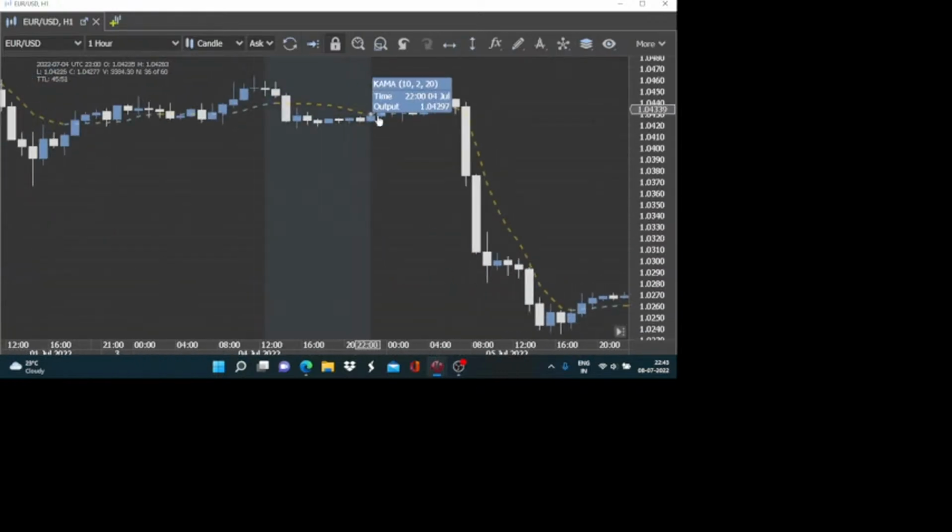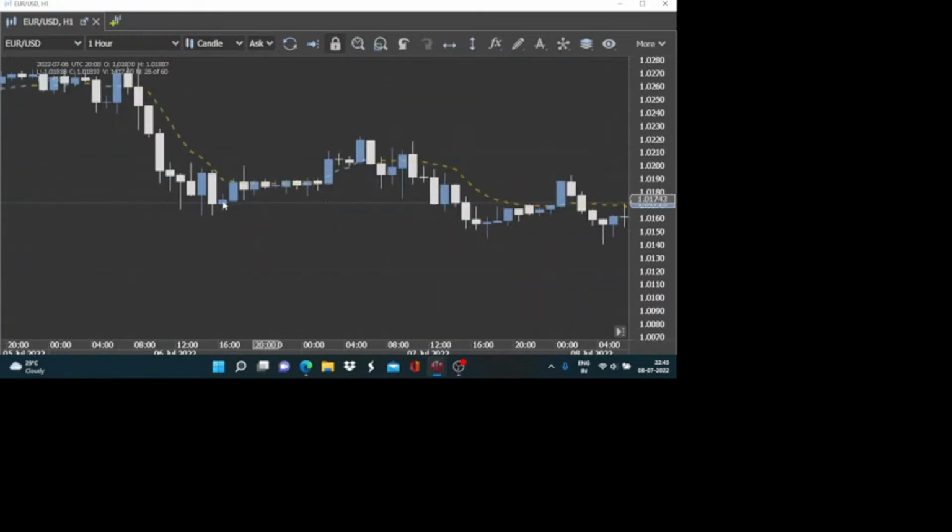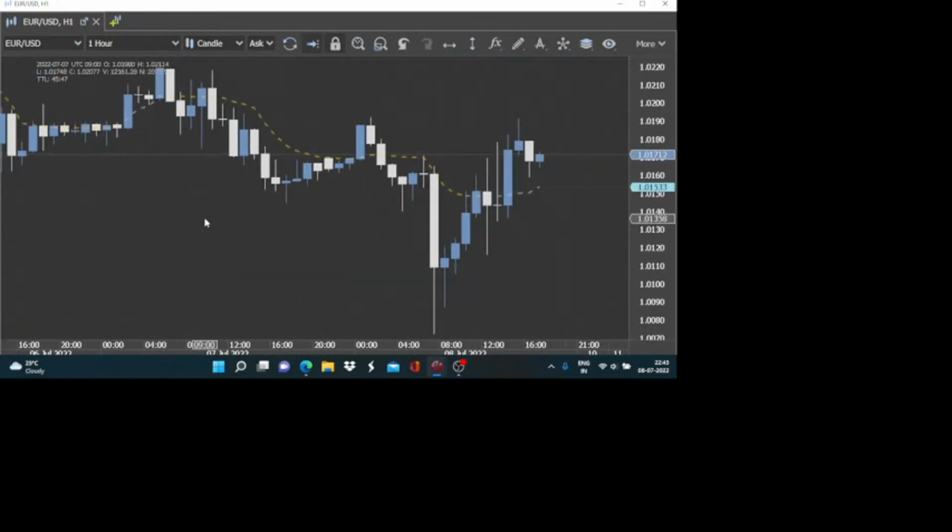And using that, we can look for opportunities to trade, whether to go long or whether to go short. All these can be determined. And we do have to keep in mind that no system is going to be perfect. It is always probabilistic. So sometimes you will be right, sometimes you will be wrong.